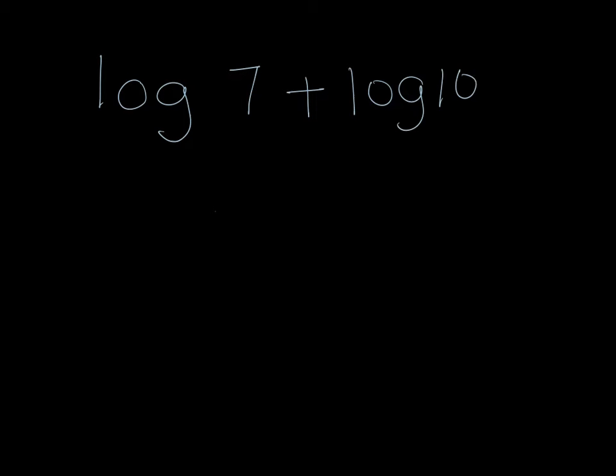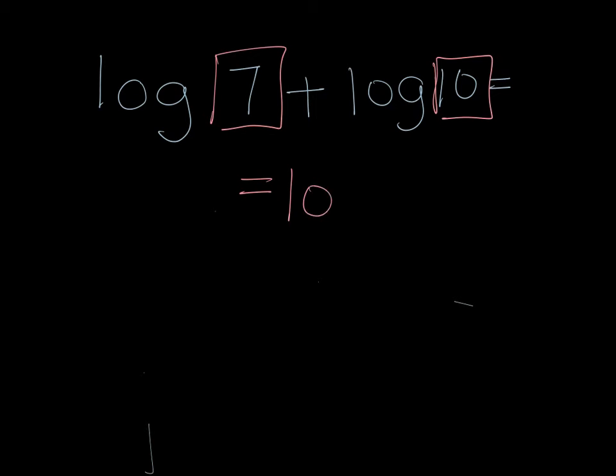So, this is what a log looks like. I'm going to add them. Okay, so since we are adding, you don't move the log. What you do is you're going to take this number in front and this number in front, and you're going to multiply those. So that final answer is going to be log 70.